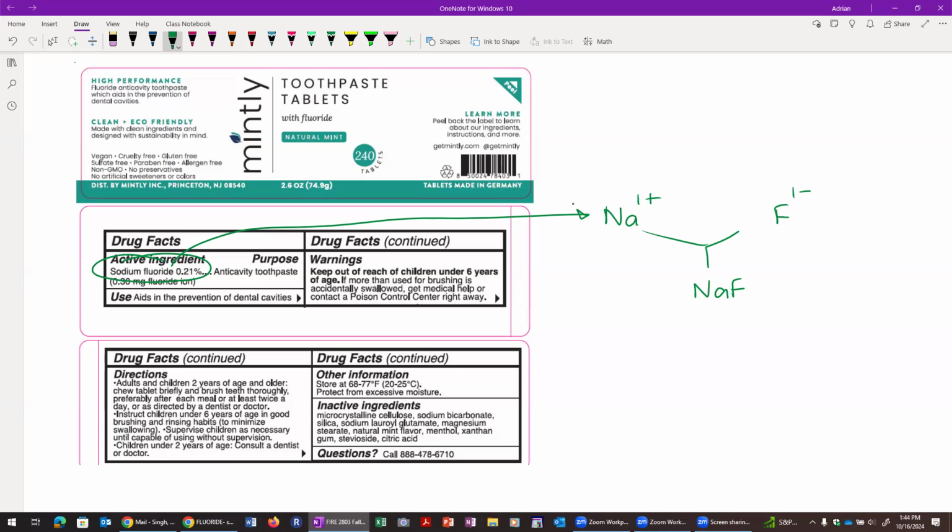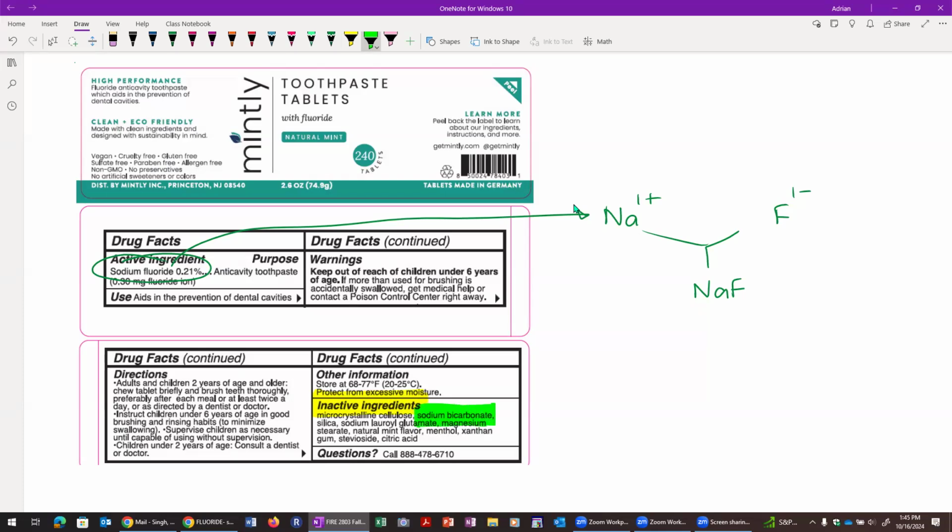If you look at some of the other ingredients down at the bottom, so it says inactive ingredients, these don't actually cause any health improvements or improve your health like the sodium fluoride does. But other things on here too may sound familiar. So for instance, we talked about sodium bicarbonate, baking soda, and there it is. It's an inactive ingredient in this particular brand of toothpaste.